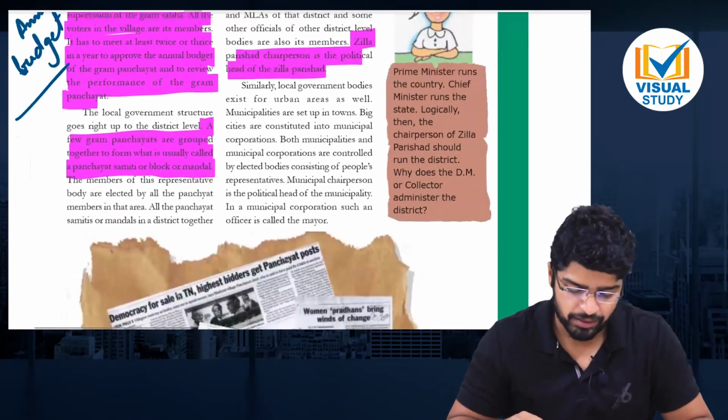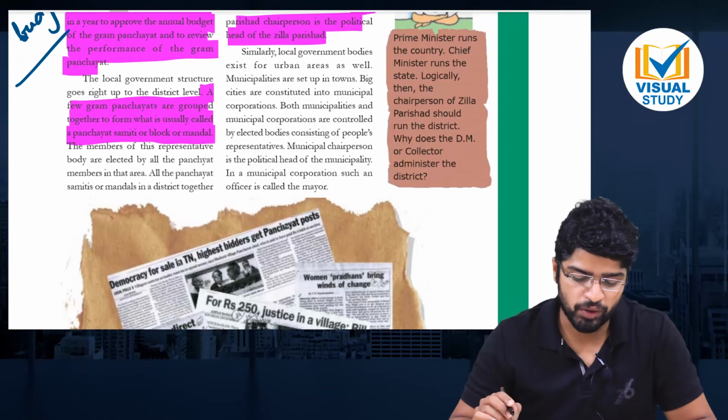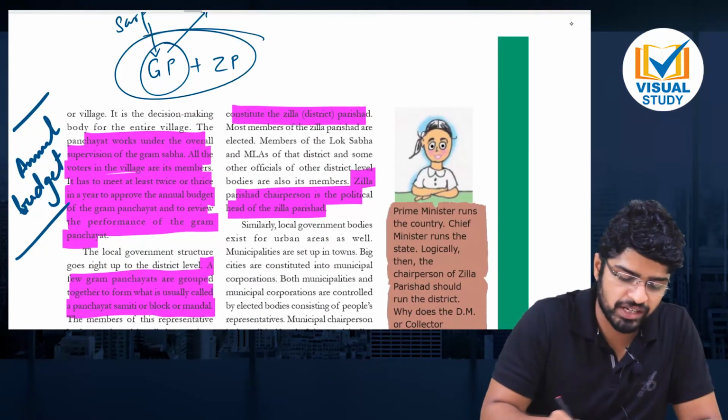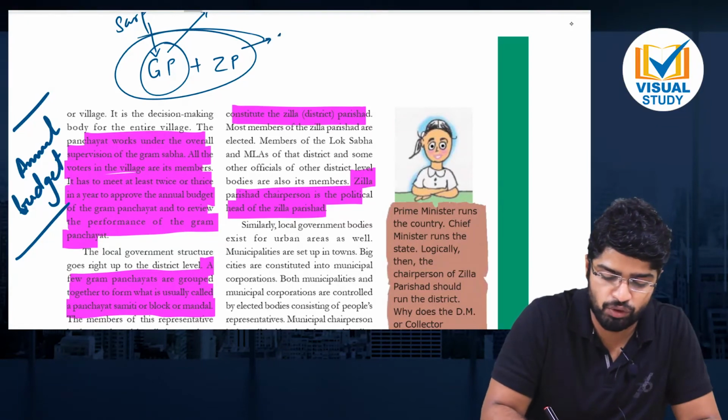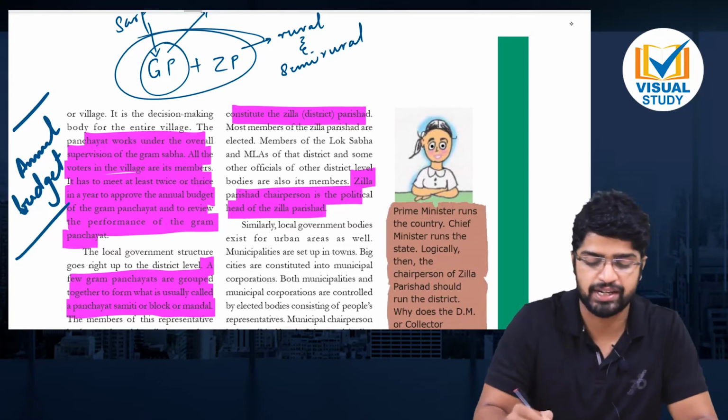Clear everybody? Now, of course, similarly, local government bodies exist for urban areas. The two bodies, Gram Panchayat and Zilla Parishad, extend to rural and semi-rural areas.